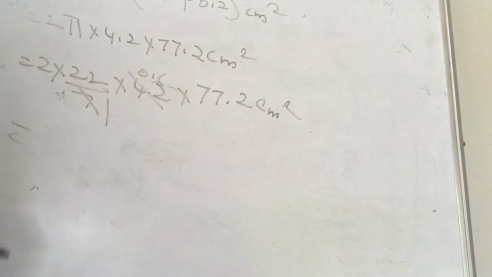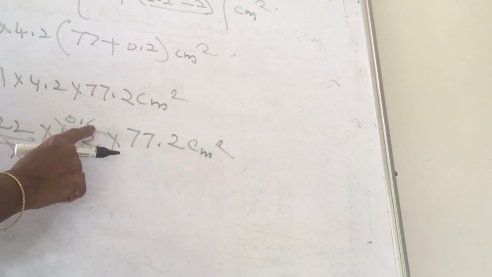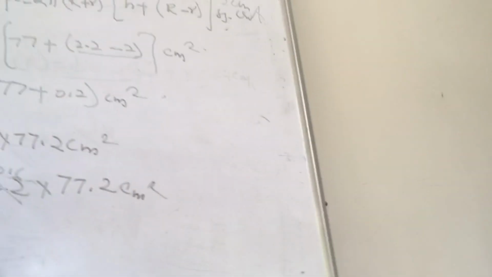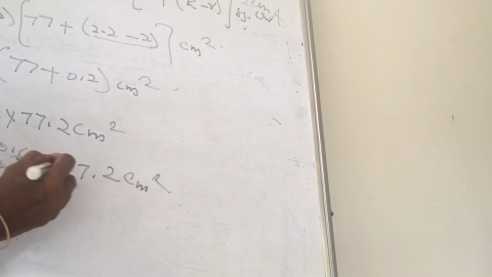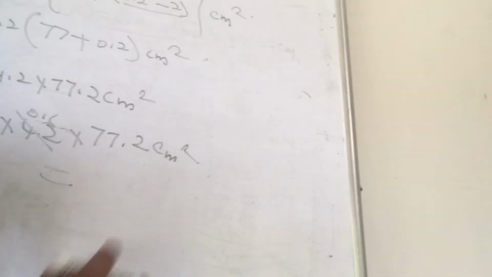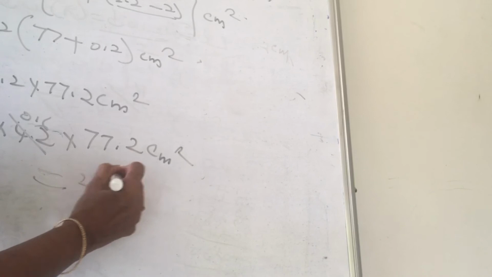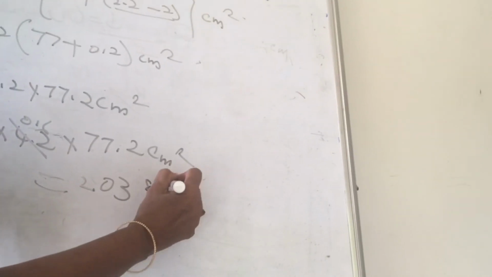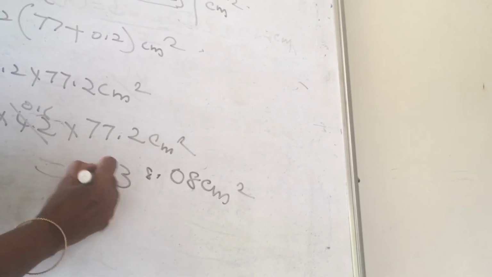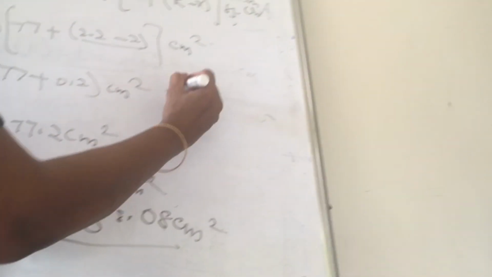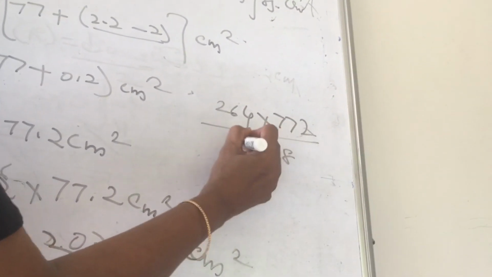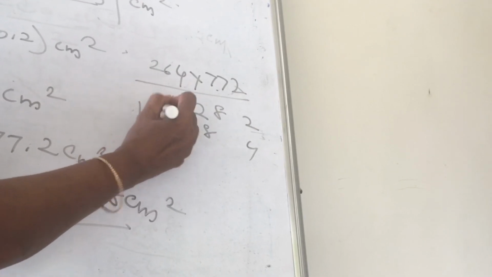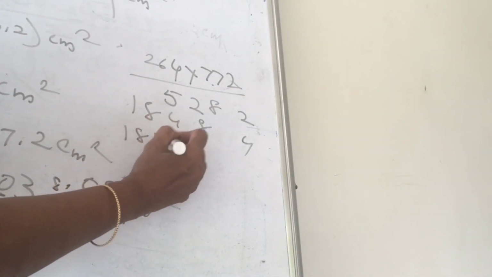Yes, multiply. 2 into 22, 44. 44 into 6, 264. Seven fours are 28, 42, 44, 18, 4, 8.